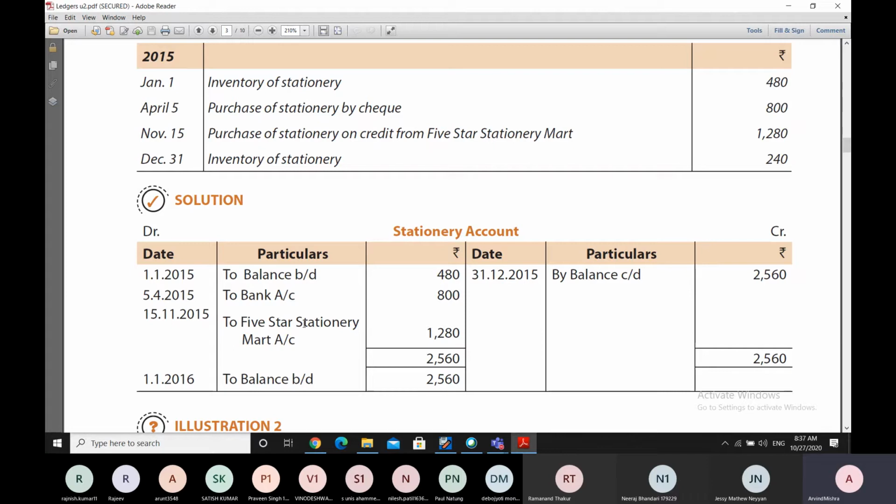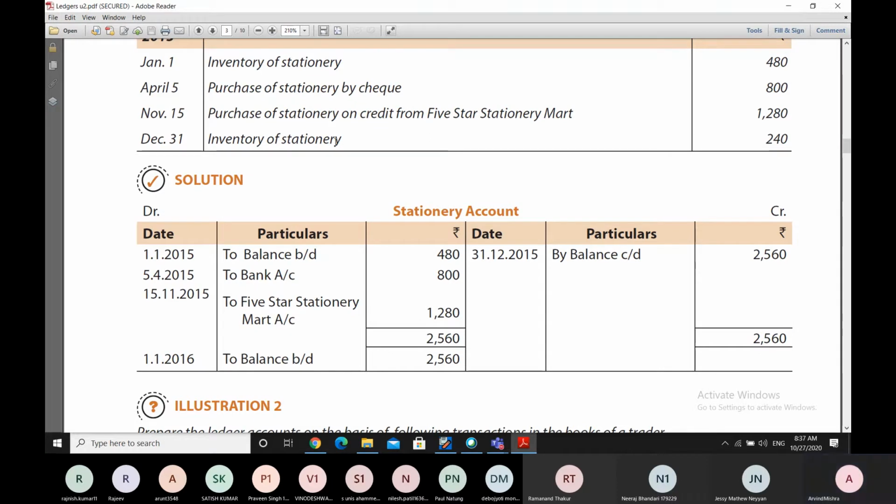So these are all the entries, and finally we are left with the inventory of the stationery on December 31. On December 31, we are having an inventory of the stationery.